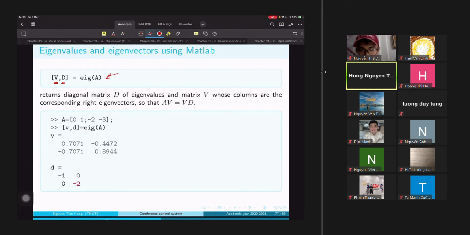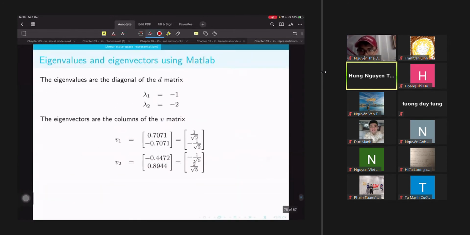So in this case, for example, V is this: this is V1 and this is V2, and here we have a diagonal matrix, where this is lambda 1 and this is lambda 2.